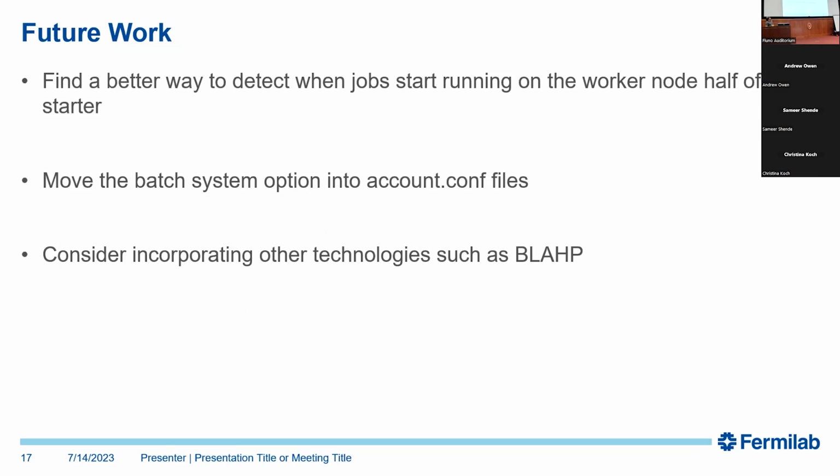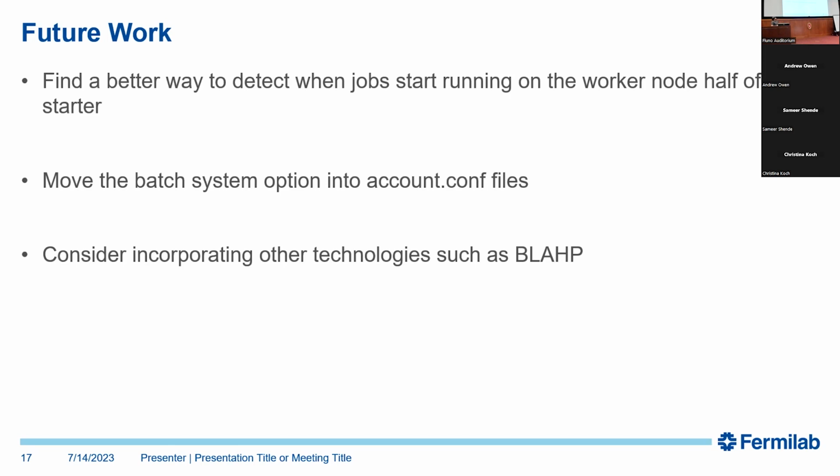The second and third ones here are simple, right? We have to specify the batch system when we execute the request glidings script. That can possibly be moved into the account.conf file, so we have one less parameter there. That's something to consider. We could also try, now that we have more time, using GlideinWMS finally to avoid having to write manually those scripts to interact with batch systems.